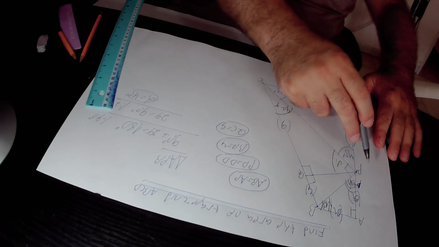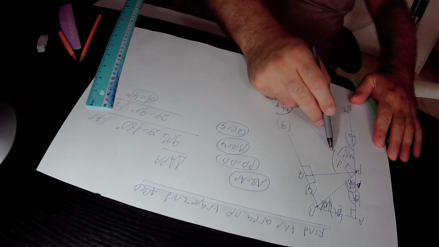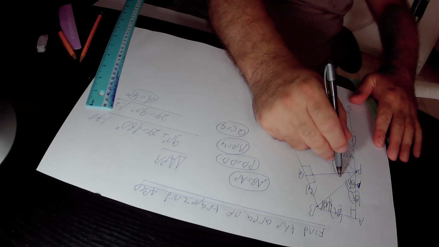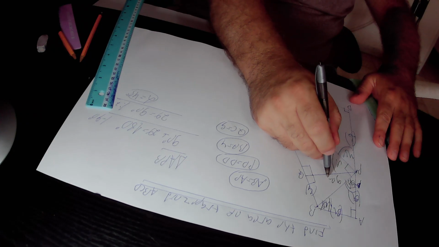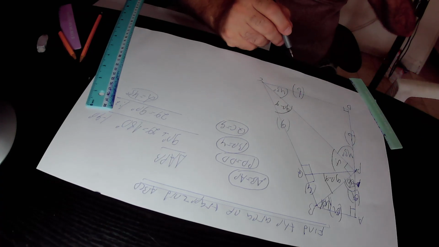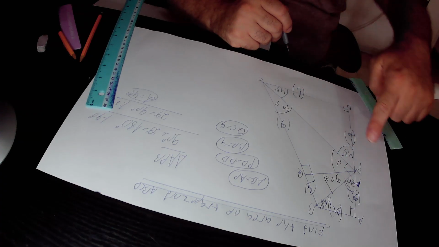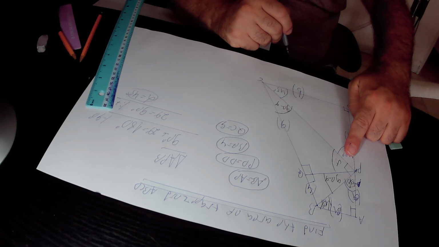The big angle BPC is equal to 90 degrees in size. This is angle alpha, therefore this missing angle must be equal to 90 degrees minus alpha. Why? Because 90 degrees minus alpha plus alpha is 90 degrees. That is exactly the size of the big angle BPC. That is the right angle.